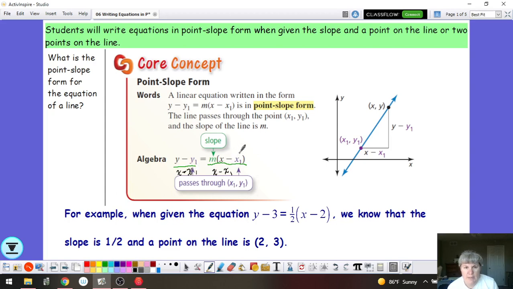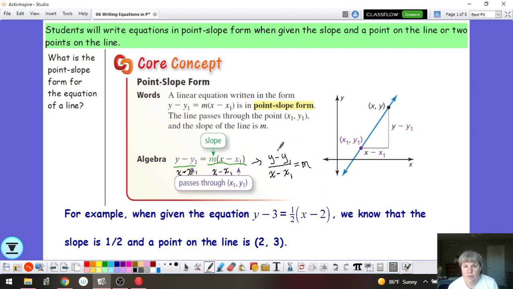So the x minus x1 will cancel, and we're left with y minus y1 over x minus x1 equals m.